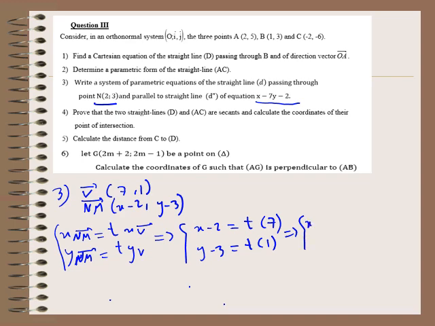So x equals 7t plus 2, y equals t plus 3. This is the equation of line D.